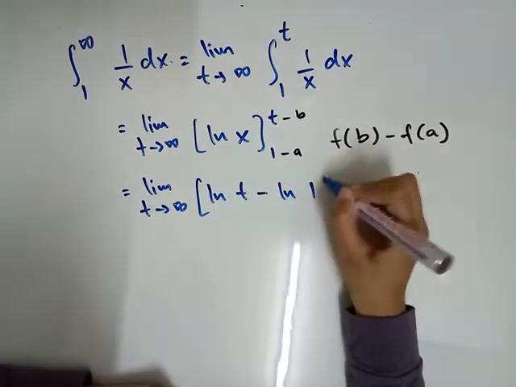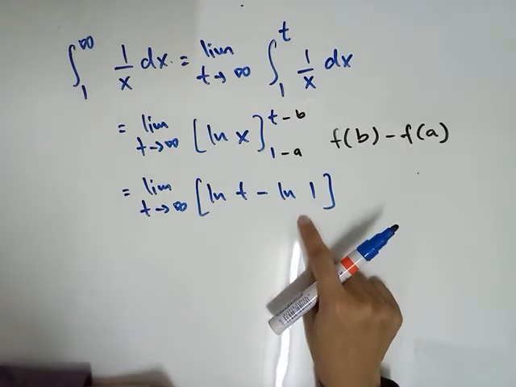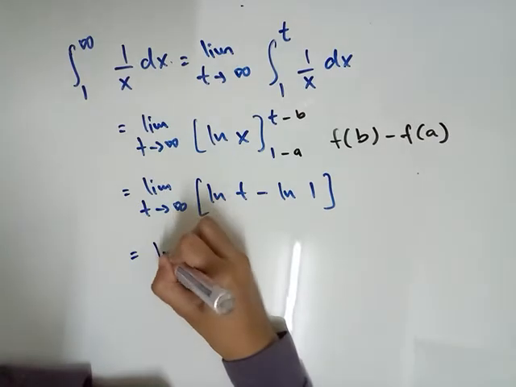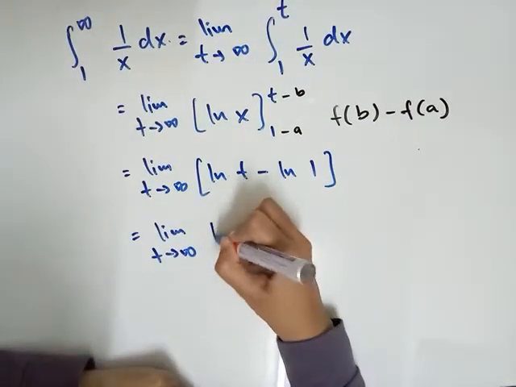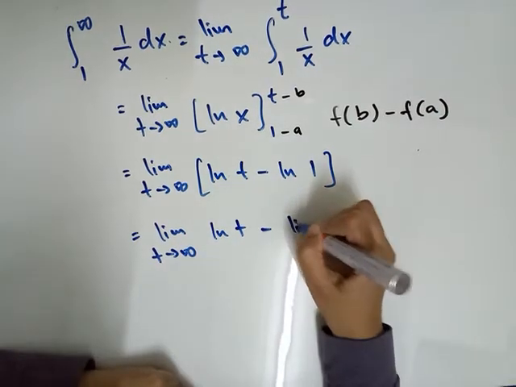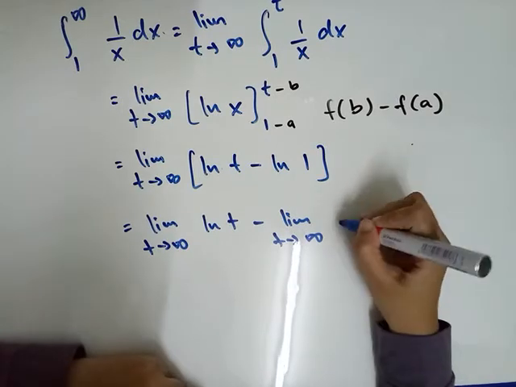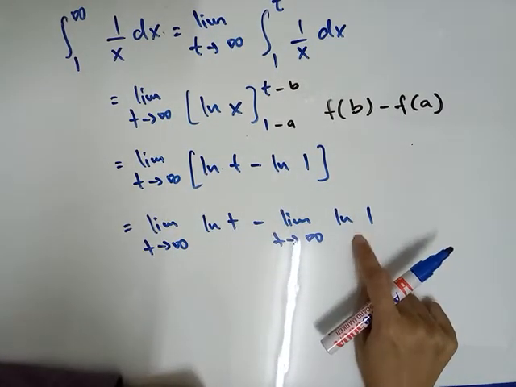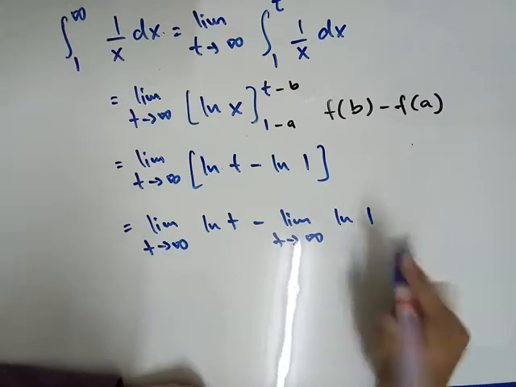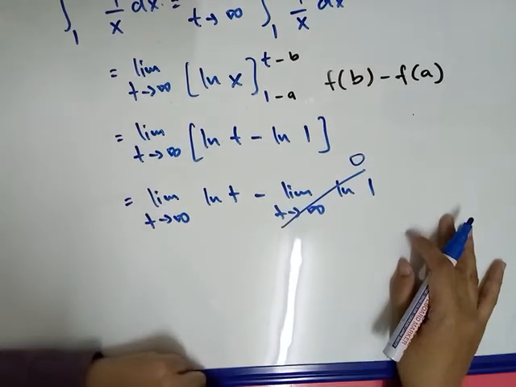So limit t approaching infinity ln t minus limit t approaching infinity ln 1. We know that ln 1, if you press the calculator, is 0.